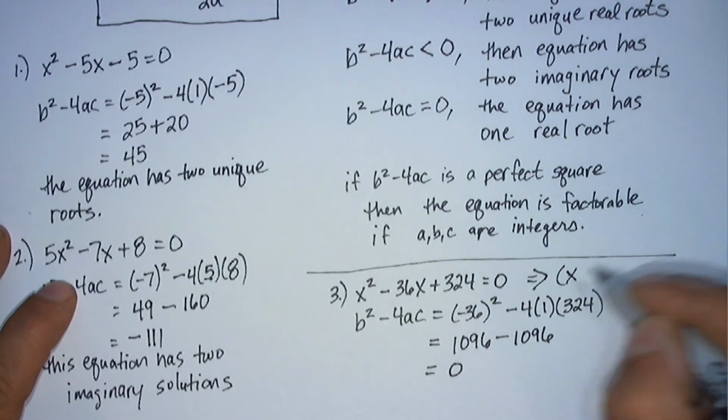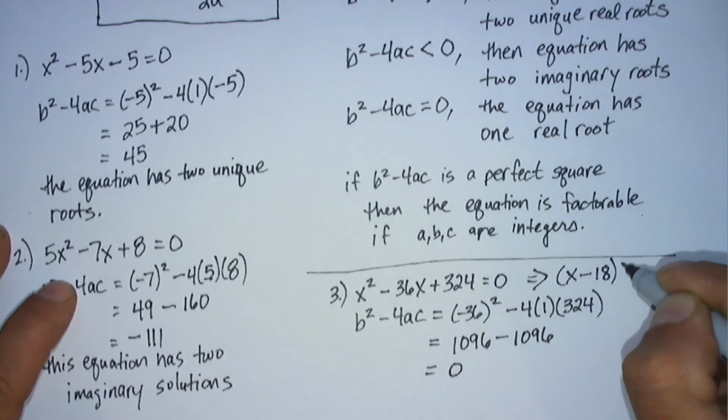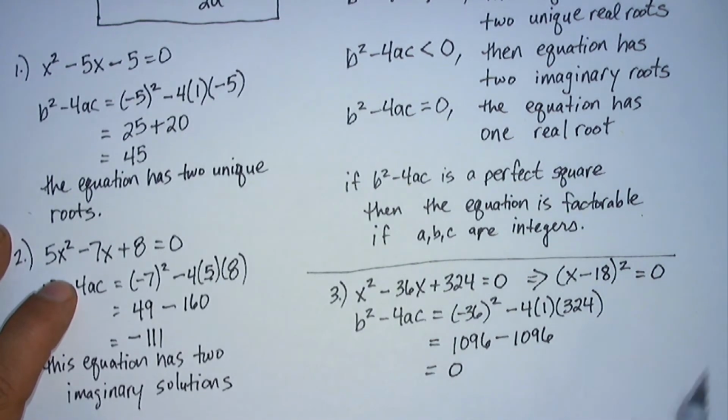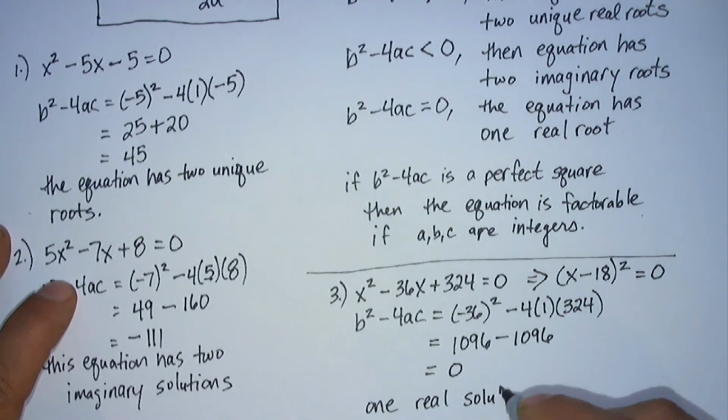And if you double 18, you get 36. So this is also equal to x minus 18 squared is equal to 0. And from here you can see that using the zero factor property that the solution here is only 18. But it's 18 twice. It's what we call a double root, but it only has one real solution because the discriminant is 0.